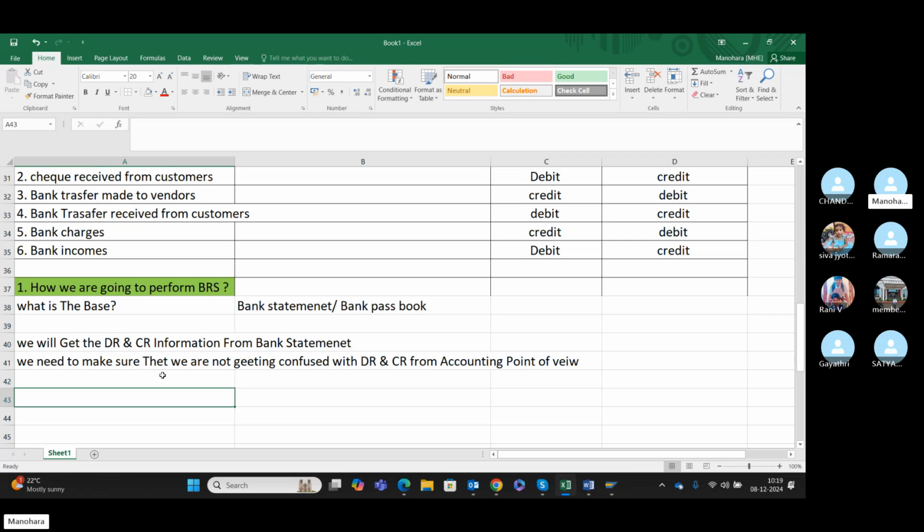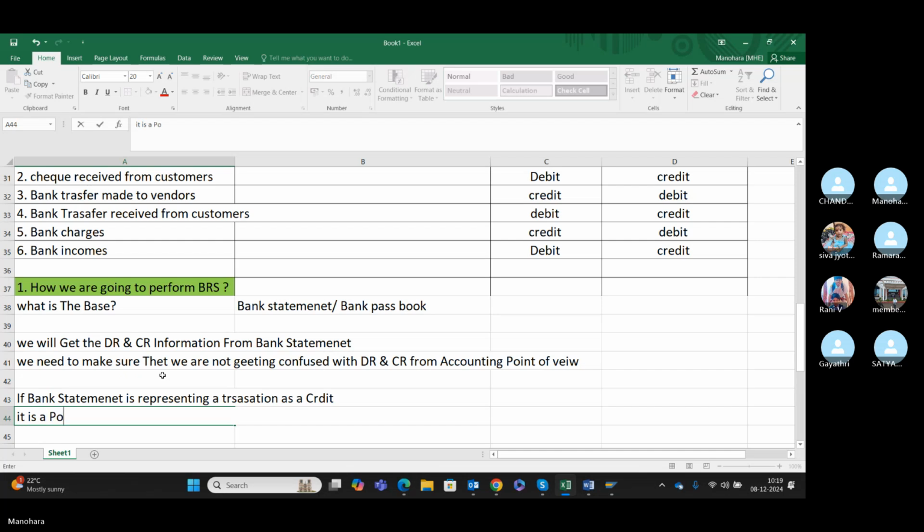So if the bank statement is representing a transaction as a credit, it is a possible debit transaction in the accounting, right?